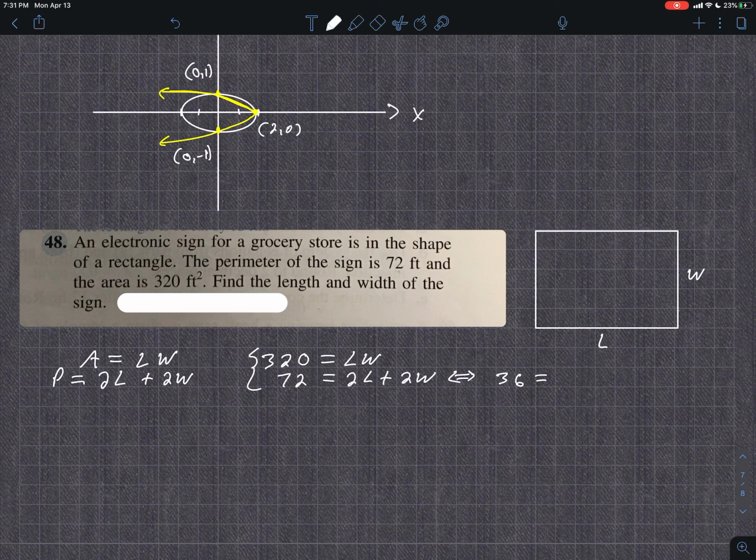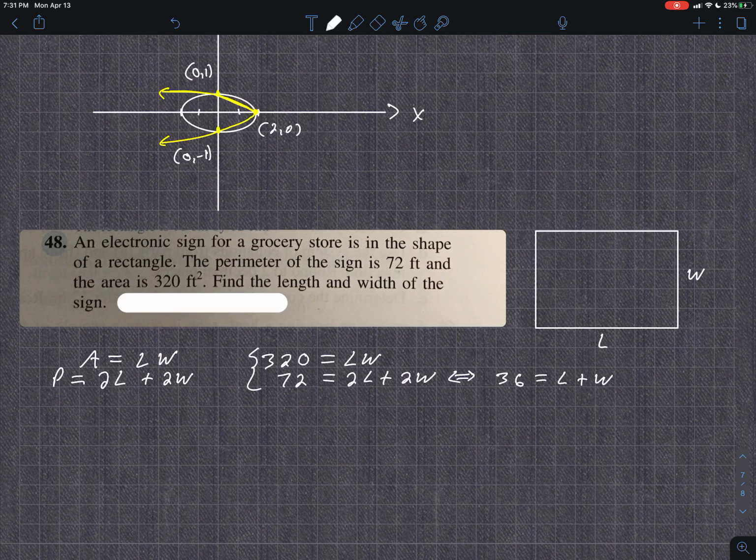And so you get 36 equal to L plus W. From there, there are a couple ways to go about it. What I think works best now is to solve 36 equal to L plus W for a variable, and then substitute into the first equation.